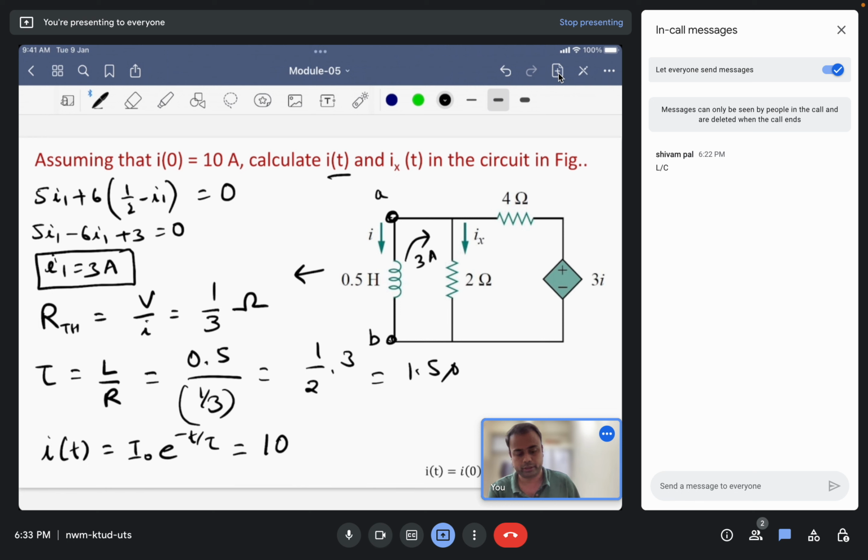So I'll substitute 10 here and e to the power minus t by tau. Tau we calculated as 1.5 or 3 by 2. So the 2 will come up and the 3 will be in the denominator. This will simplify to 10 e to the power minus 2t by 3 amperes. So this will be the function for the current.